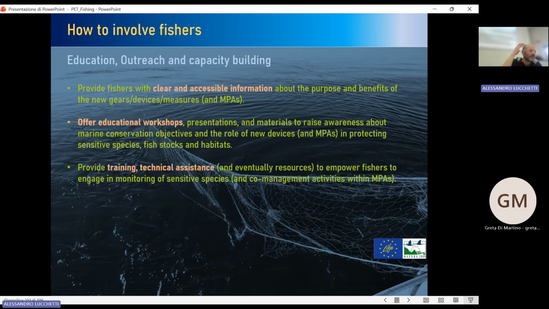The other thing is about projects. You have to provide accessible information. You have to offer dedicated workshops, but this part is really more difficult because fishers are literally bombarded by meetings. We have to make a meeting on marine litter. We have to make one on dolphins. We have to make one on turtles. They have had enough of this, I mean.